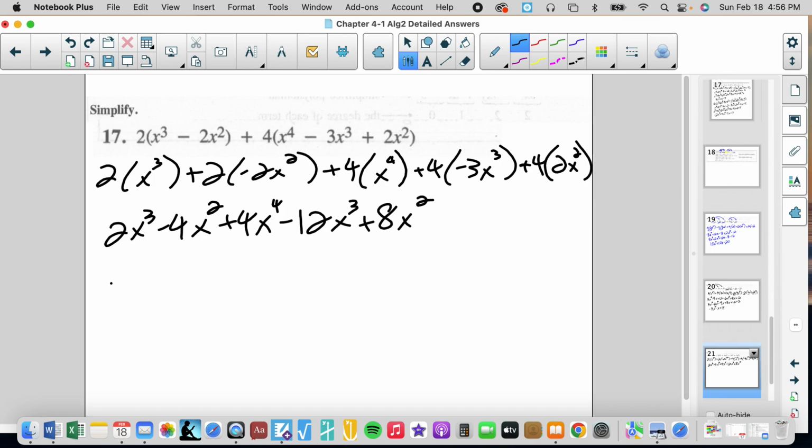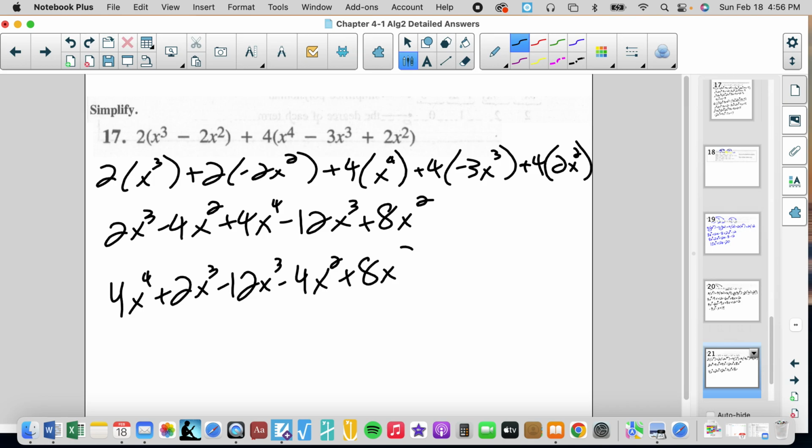We got this x to the 4th that's trying to sneak in there, plus 2x to the 3rd minus 12x to the 3rd minus 4x squared plus 8x squared. What happens often is they'll skip a term or it'll be missing. It won't go complete descending order. And we just have to be careful of not losing it, meaning it's hidden. So that's going to be plus 4x squared. So 17 should be 4x to the fourth minus 10x third plus 4x squared.